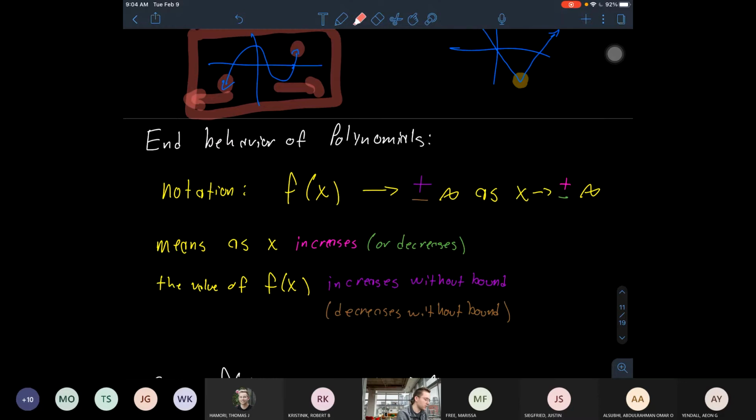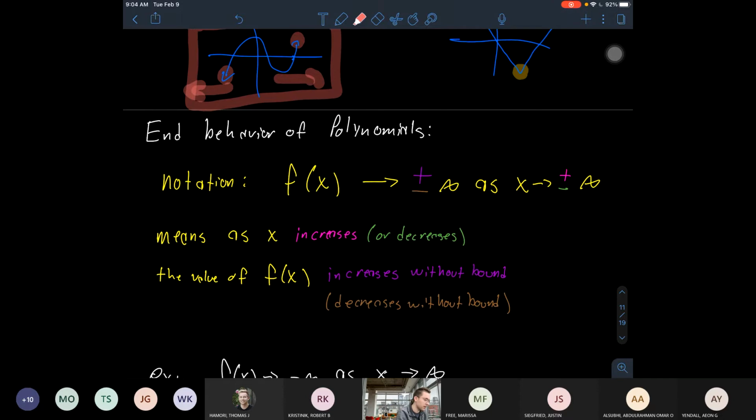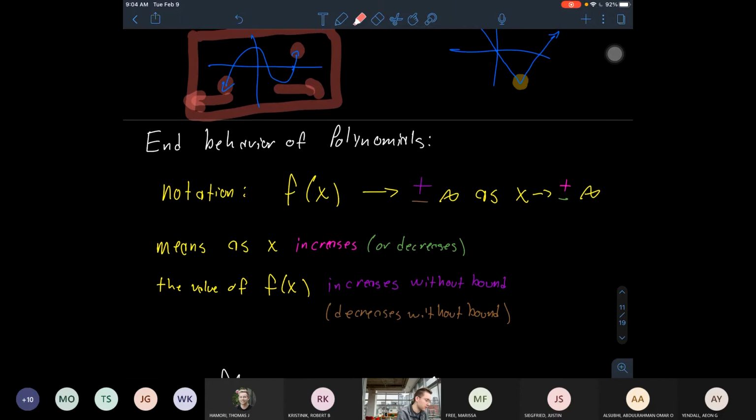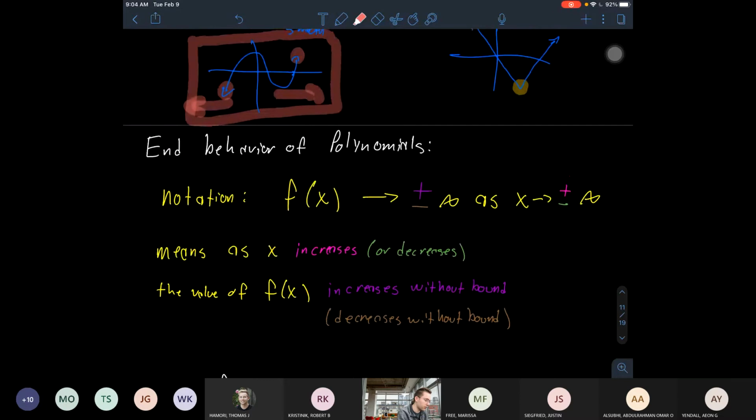Okay, so this is some notation that we sometimes use to talk about end behavior of polynomials. Okay, so I've color-coded this here, but let me just go through really quickly. If we have f of x going to positive infinity as x goes to positive infinity, what we mean is that as x increases, the value of f of x increases without bound.